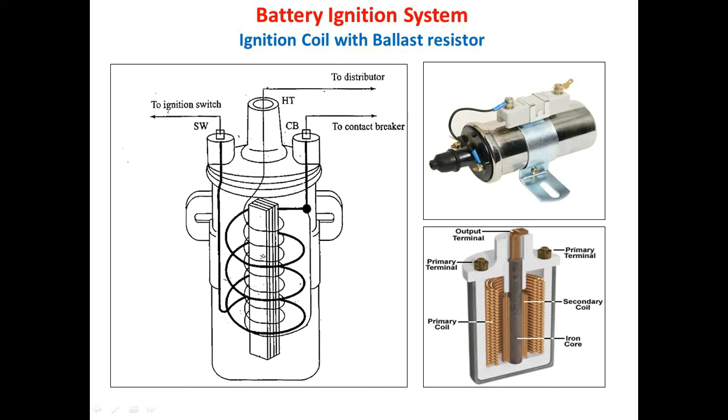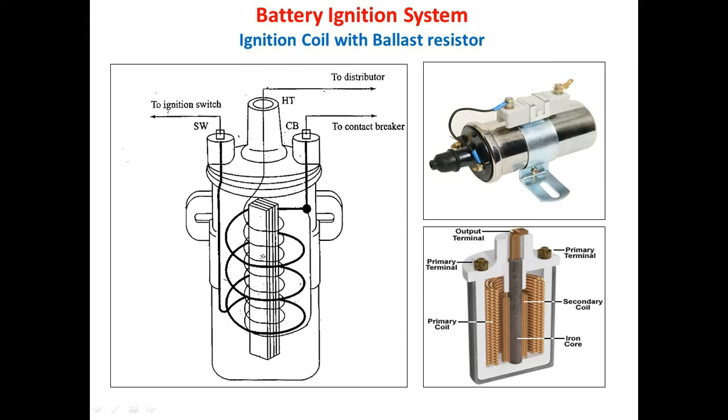Now, we will see how exactly the ignition coil works. Generally, the ignition coil stores energy in its magnetic field in the form of an ignition pulse. These ignition pulses are delivered to the respective spark plug at the appropriate time using high tension ignition cables.